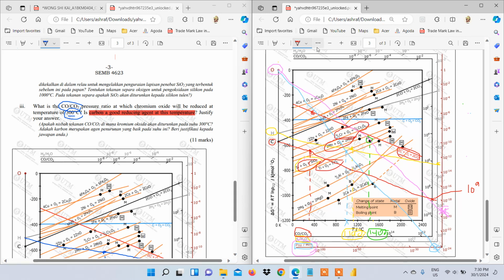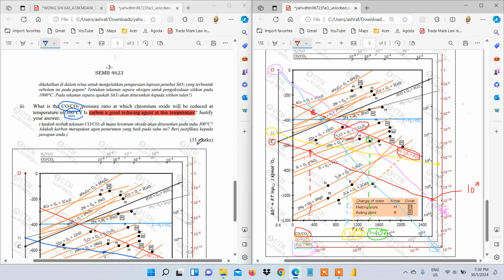But for this case, they're asking whether carbon is a good reducing agent, and the carbon position at this temperature is actually above the chromium. So we can say that carbon is not a good reducing agent at this temperature of 300 degrees Celsius. We can suggest that we use manganese or even silicon as our reducing agent for chromium oxide right here.